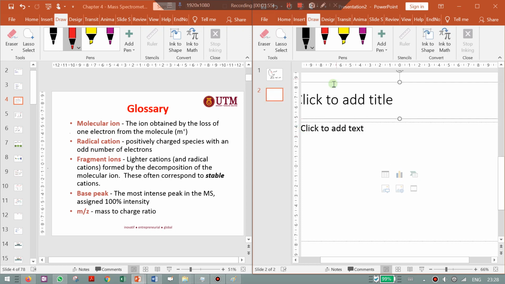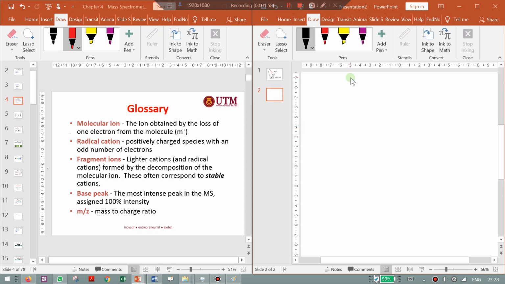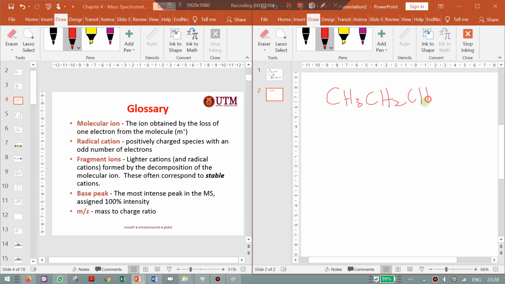Let's say the molecule you want to analyze is CH3CH2CH3, which is propane. After you bombard it with electrons, it will lose one electron. Let's go back to basics. We agree that the number of protons inside an atom is equal to the number of electrons of the atom.